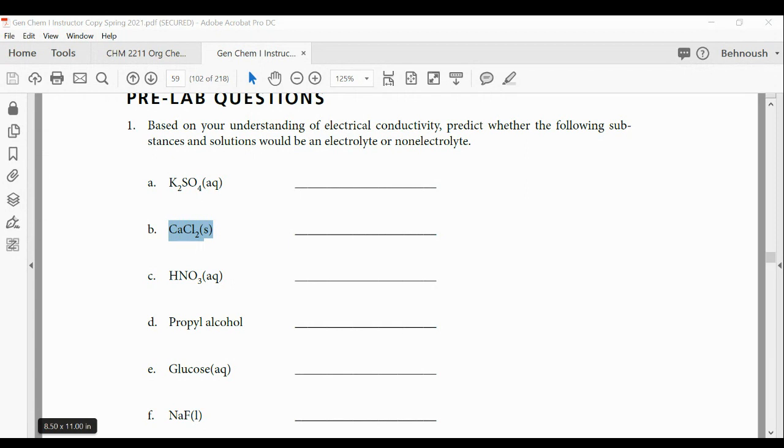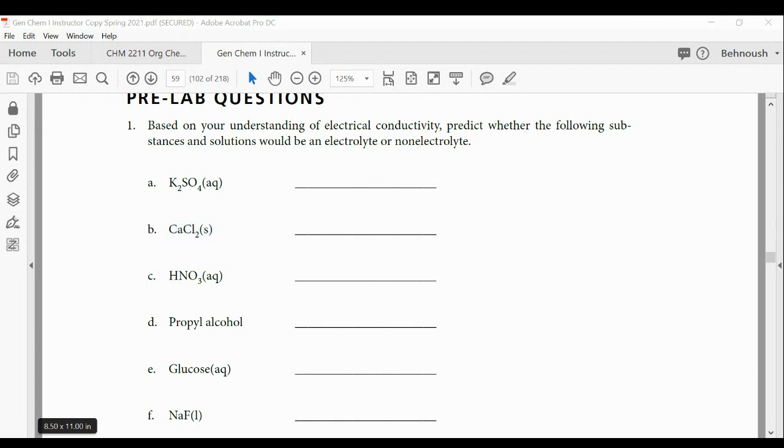Propyl alcohol: non-electrolyte because it's a molecular compound. NaF, sodium fluoride, liquid. NaF is an ionic compound because it's a metal and a non-metal, and it's going to be an electrolyte because it's in liquid form.